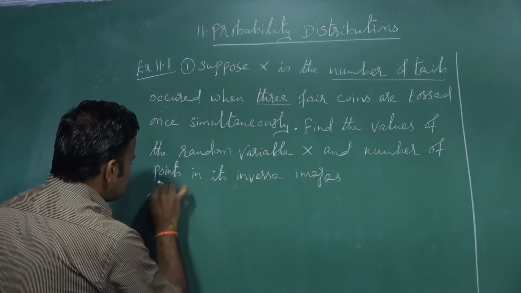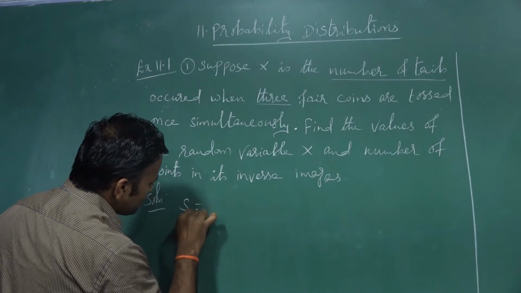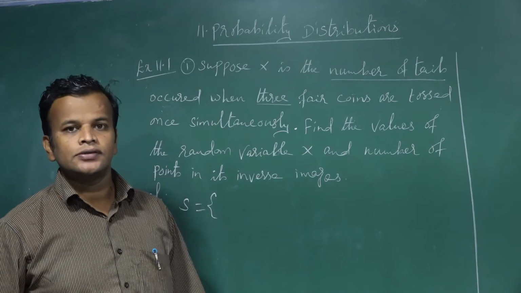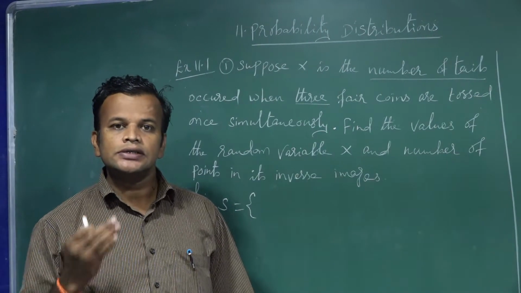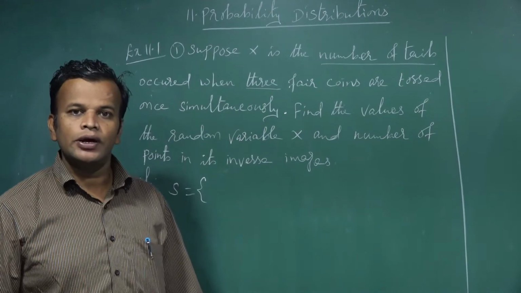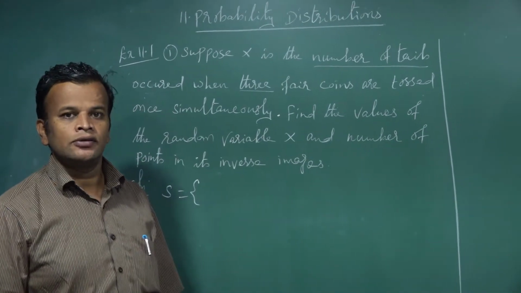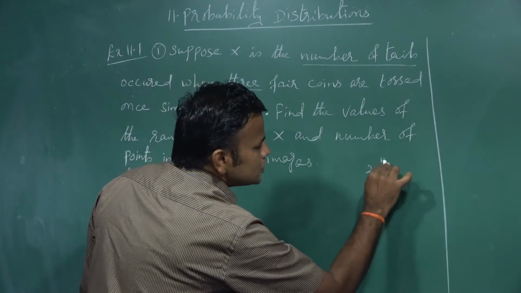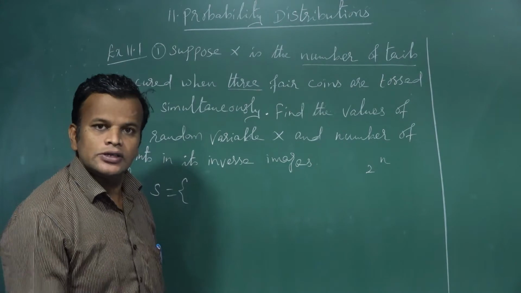First I write the sample space. When 3 coins are tossed, what is the sample space? How do we find the sample space? The general formula is 2 power n, where n indicates the number of coins. 2 power n is the general formula when coins are tossed.